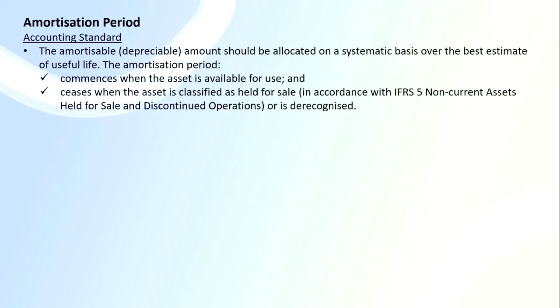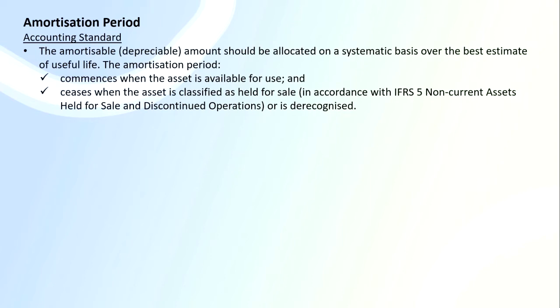After this intangible non-current asset has been recognized and reported in the statement of financial position, at the end of the accounting year it needs to be amortized. According to the accounting standard, the amortization should be allocated on a systematic basis over the best estimate of useful life.